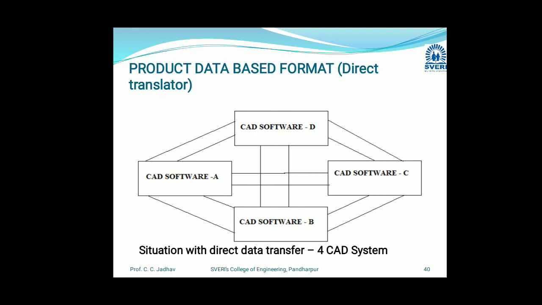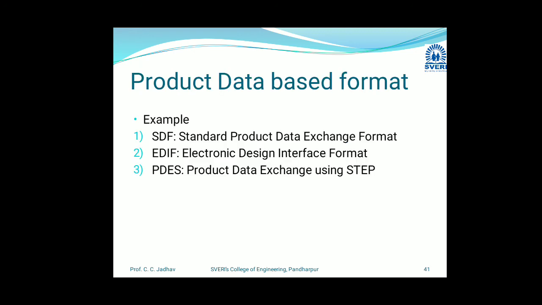Here there are 4 CAD software, A, B, C, D. We can easily transfer data from one system to another directly. In the indirect form we have to do pre-processing, a neutral file and post-processing before we can transfer the data, but here you can directly send the data from one system to different systems. So this is about direct data exchange.